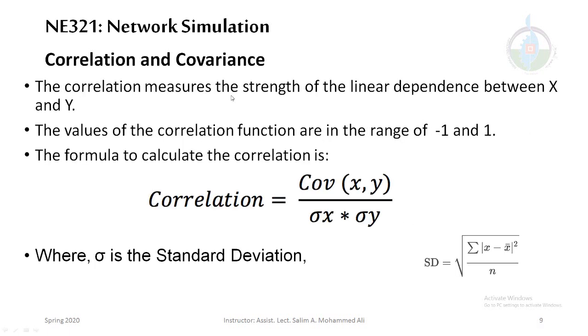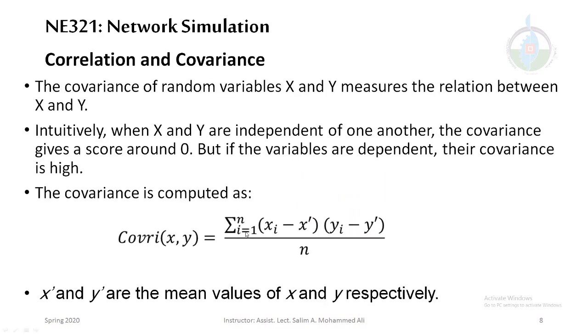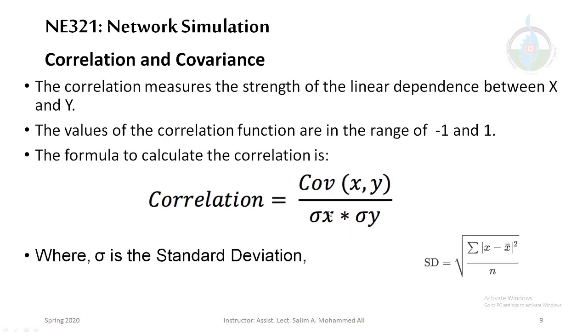The correlation measures the strength of the linear dependence between x and y. The values of the correlation function are always in the range between -1 and 1. Don't forget that. The formula to calculate the correlation: we have to first calculate the covariance of x and y, then we can compute the correlation.